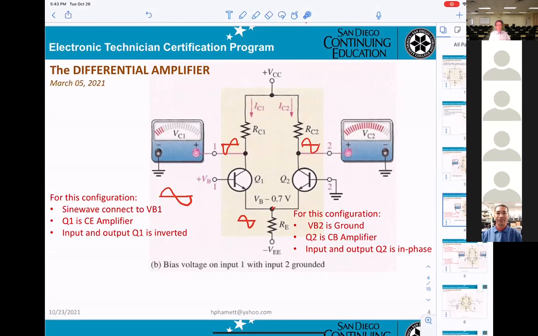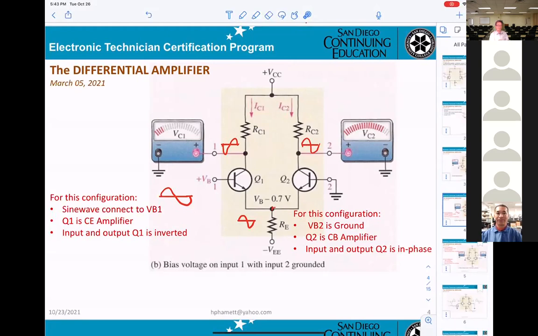So, Mr. Pham, my only question is on Q2 on the emitter. It's supposed to be a common base. I guess I'm having a hard time seeing the input being applied to the emitter. So that's why you need to go back to the common base amplifier.